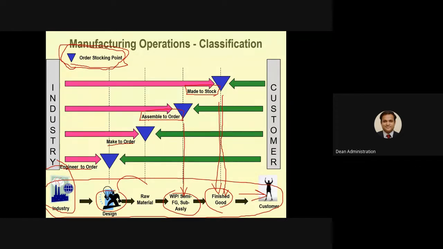Now, I'll give you a typical example, which is possible in the electronics industry. Many times, whenever you are placing orders, especially on any product, let's say an Apple product, when you have to buy a computer, you have many options. You may get a product with 4 GB RAM, 8 GB RAM, 16 GB RAM, 32 GB RAM.